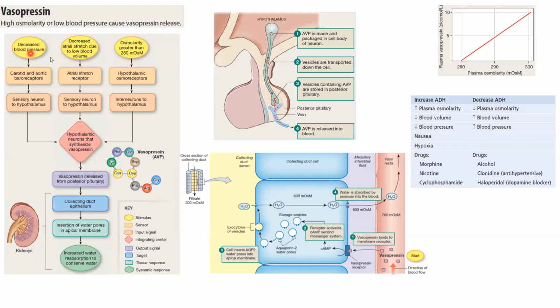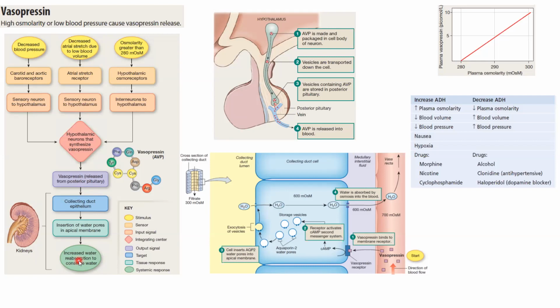Simple. Now, decreased atrial stretch. So there are atria, this is the heart. Atria have stretch receptors built into their walls. If there is decreased volume of blood, these stretch receptors pick up that signal and send it off to the hypothalamus. Hypothalamus makes ADH. The same thing happens.